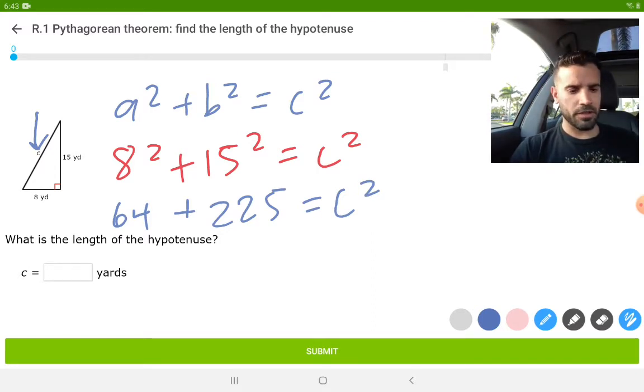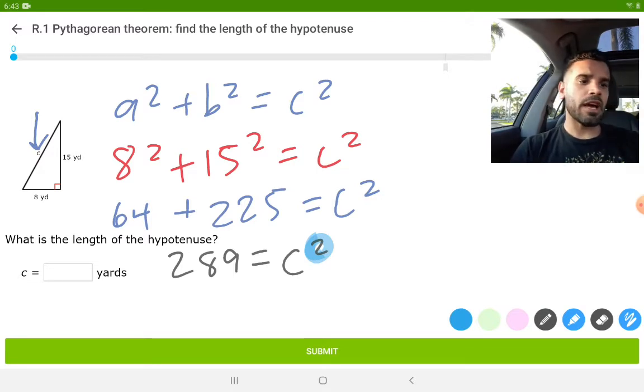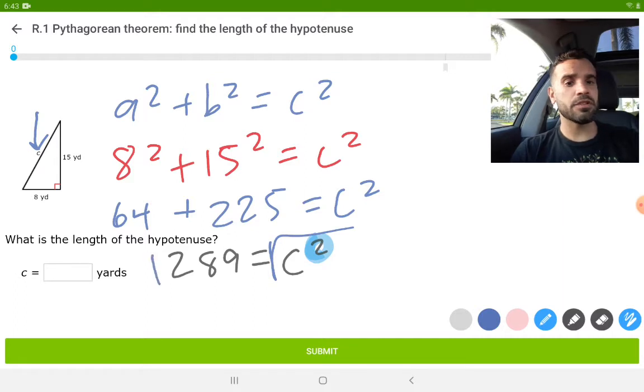Now 64 plus 225, that's going to be equal to 289. Let me write that in over here. And so 289 is equal to c squared, but we don't want to know what c squared is. We want to know what c is. So we gotta get rid of that little exponent over here on the top right. And we do that by finding the square root of both sides, because what we do to one side, we do to the other.